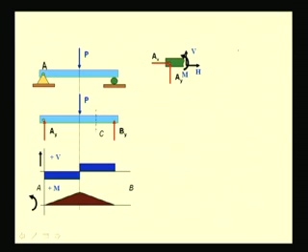We have already determined Ay to be P by 2. If we consider L to be the length of the beam and this concentrated load is acting at a distance of L by 2, and let us say we have considered a section at a distance of say x.